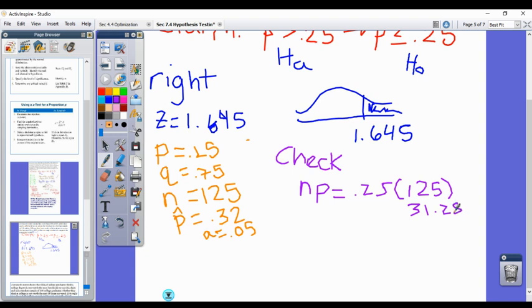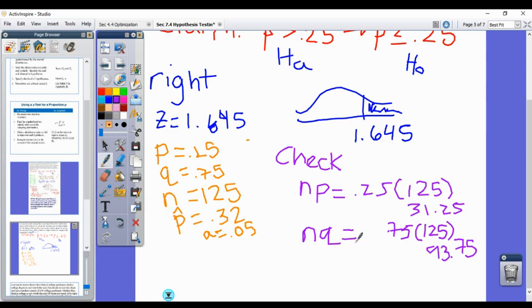So that's bigger than 5. So that's good. All right, now N times Q is 0.75. Might seem a little silly to check this one since we already knew that 0.25 worked. This one's definitely going to work because this is a higher percentage. But I like to write everything down. So both of those check out.